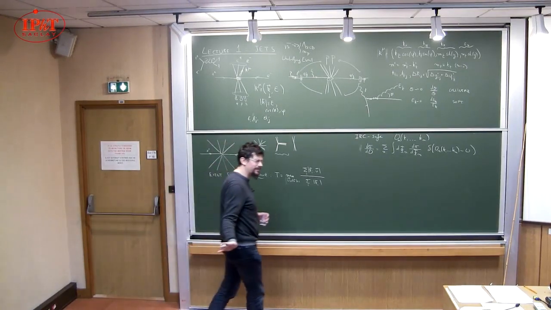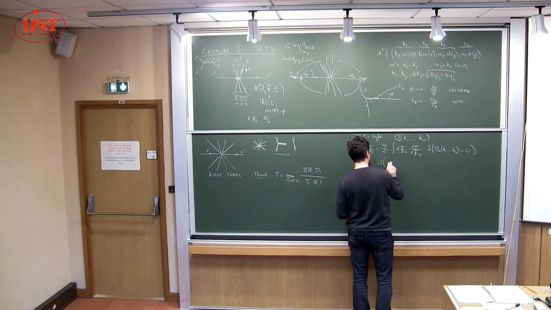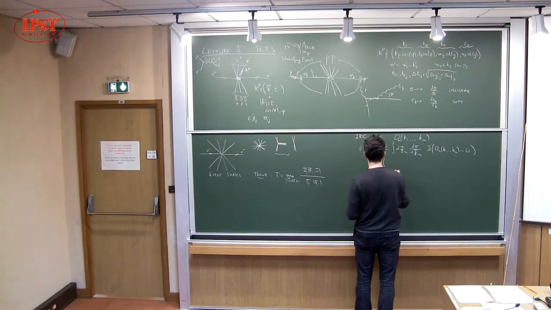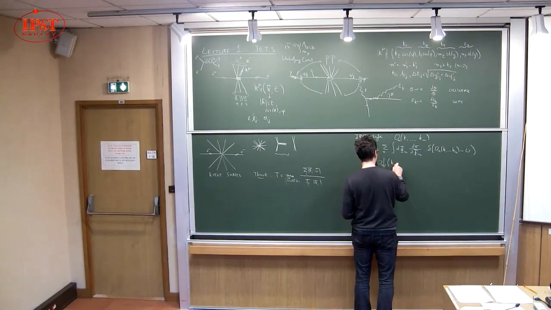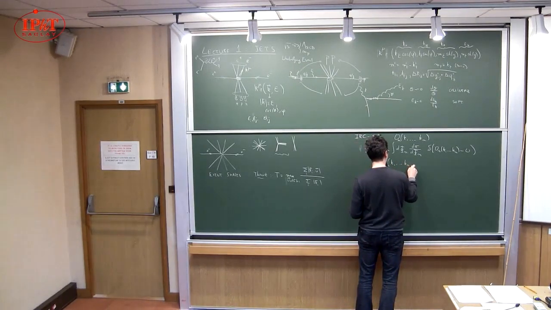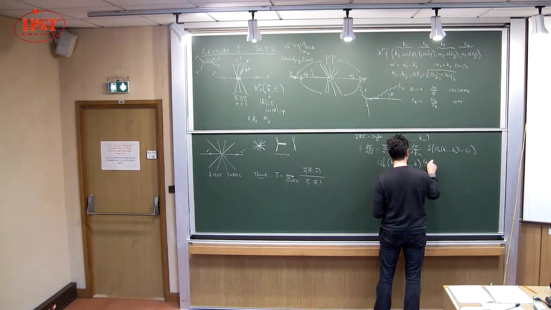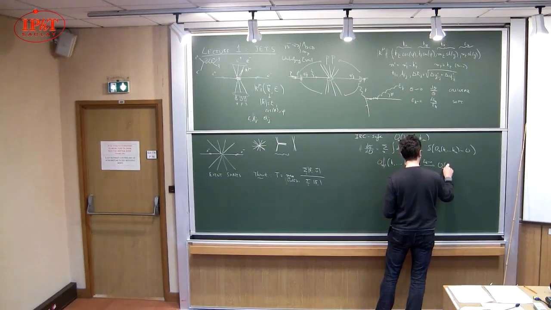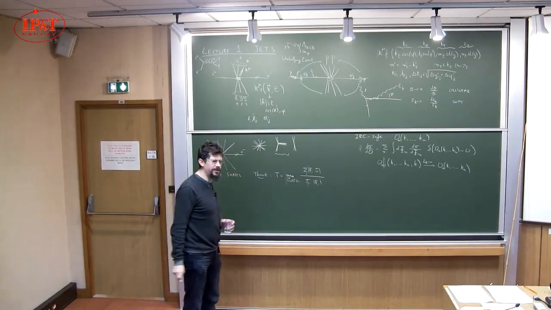That's clear for everyone? And so this means that you want your observable, let me start with the soft case, you want O_{n+1} for k1, ..., kn, k, in the limit where E_k goes to 0, to give the same value as your observable without the emission. So that's infrared safety.